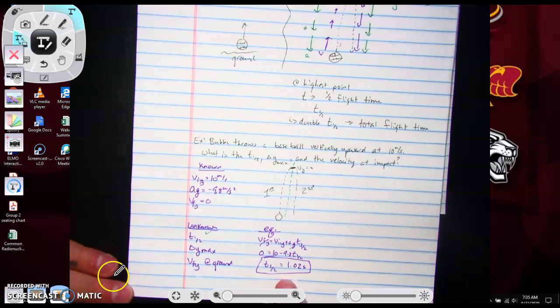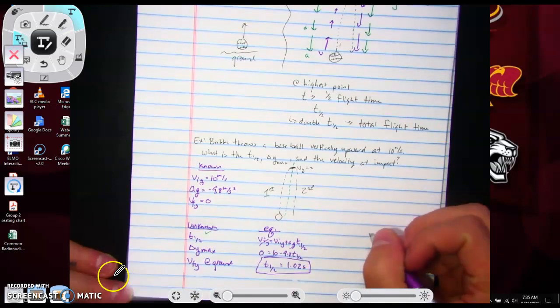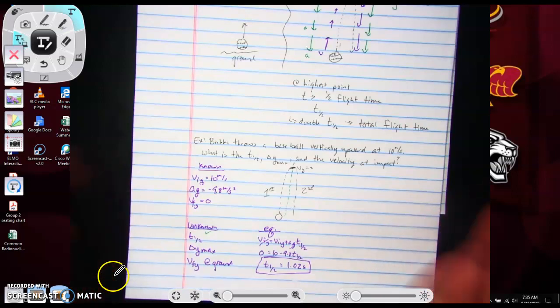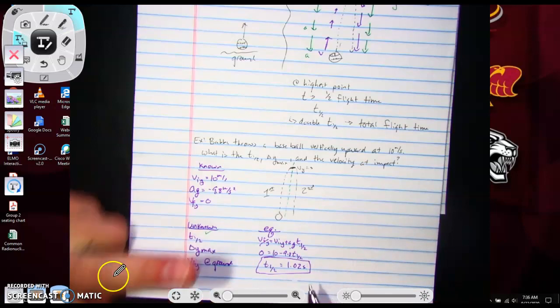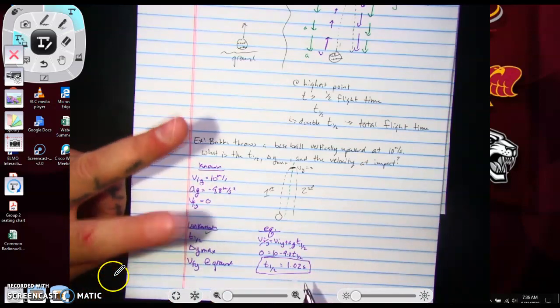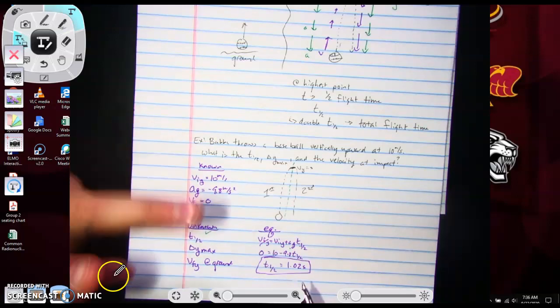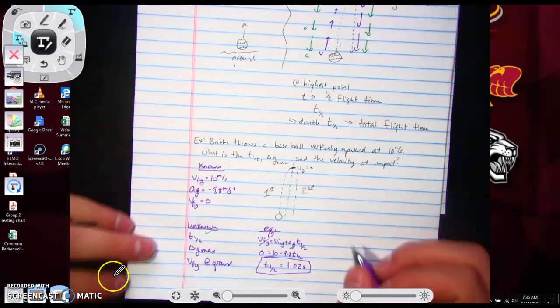Well, using T1 half now, that's a known. I actually don't really need to, but you could. So now it comes down to user's choice, because I could use two equations to solve this. I could use delta Y equals V initial y t plus 1 half a_y t squared, or I can use v final squared equals v initial squared plus 2a delta Y. So let's use that one.